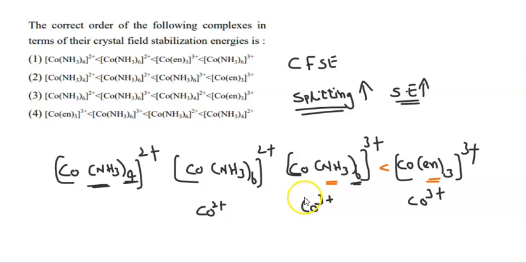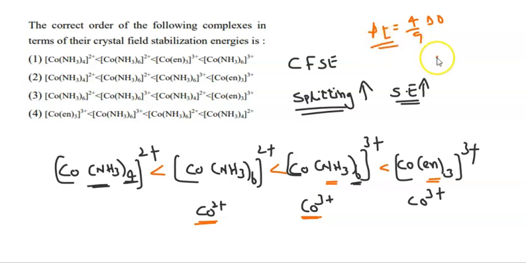Splitting energy is more for the complex which has the higher oxidation state. Cobalt 3+ has a higher oxidation state compared to Co2+. That's why [Co(NH3)6]3+ has high CFSE when compared to [Co(NH3)6]2+. We know that delta T is equal to 4/9 delta O.